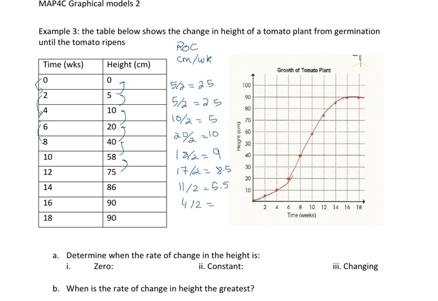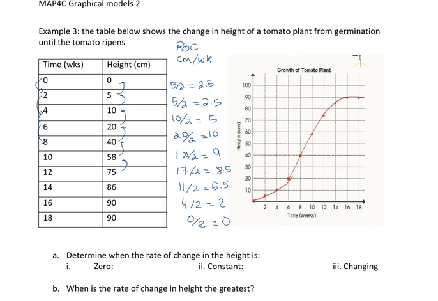And then 90 minus 90 is 0 over 2, which is 0. Okay? So at first we saw a kind of constant increase, then it started increasing rapidly. Then it's still increasing, but it's increasing more slowly. So 9 centimeters per week, 8.5 centimeters per week, 5.5 centimeters per week, until it reaches 2 and then 0 centimeters per week.